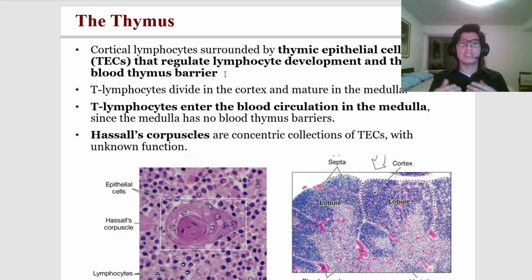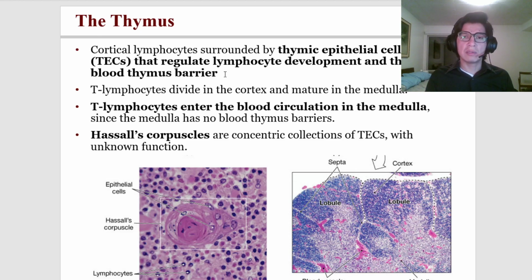And this process of maturation involves making sure that they recognize our own cells and they don't attack them. 98% of lymphocytes that are undergoing this process of selection die by apoptosis.